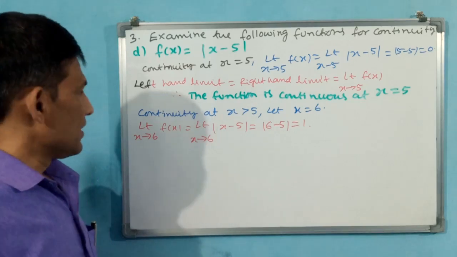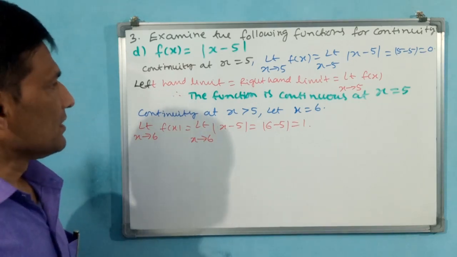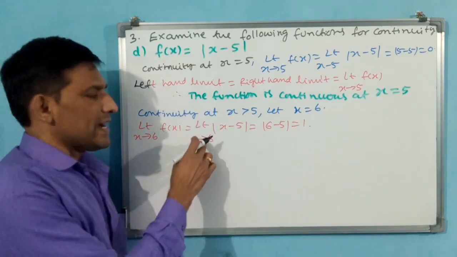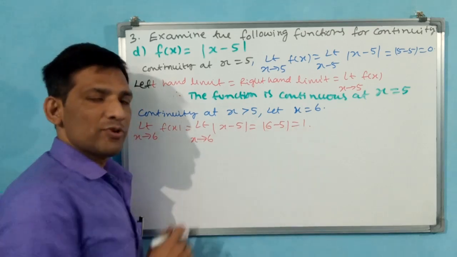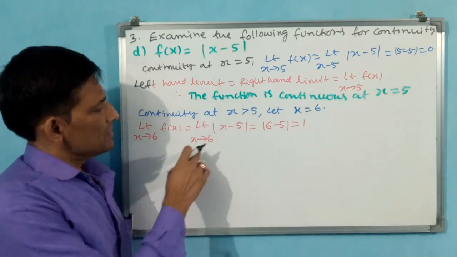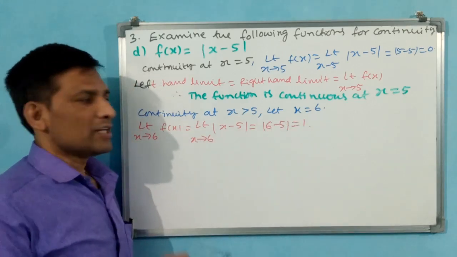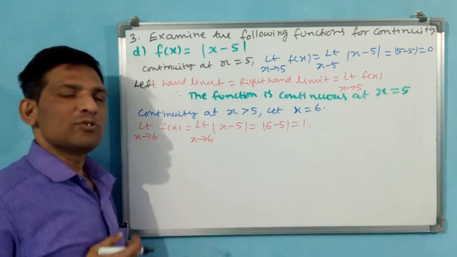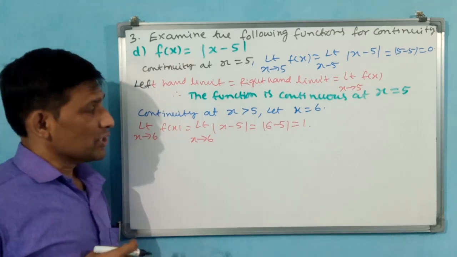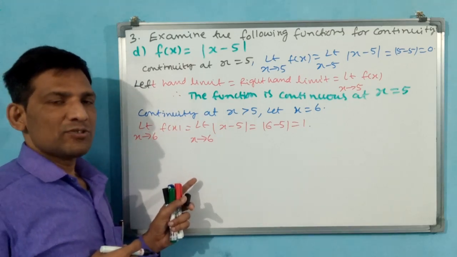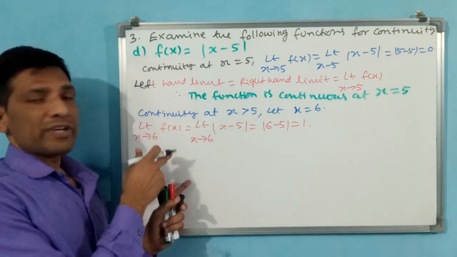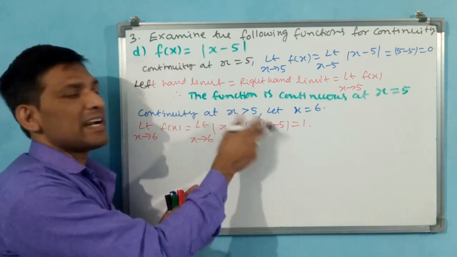Now you tell me, slightly less than 6, if you give, 1 is going to come. Slightly greater than 6, if you give, right hand limit, 1 is going to come. That means it is continuous at x is equal to 6. But shall you write the function is continuous at x is equal to 6? No. We are going to write the function is continuous at x is greater than 5.